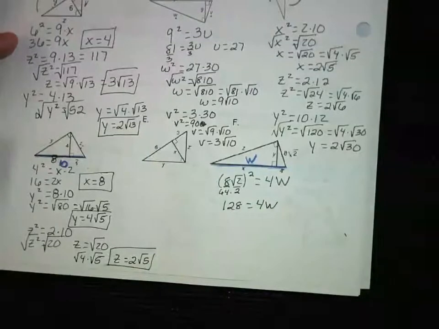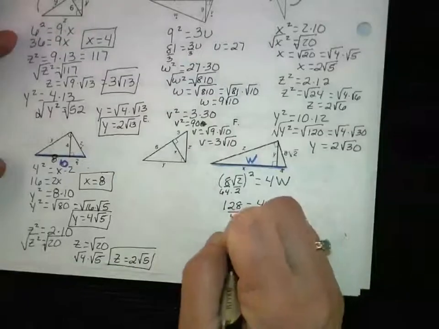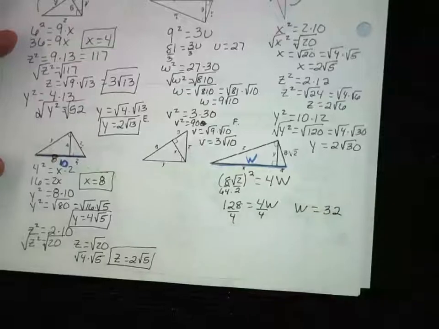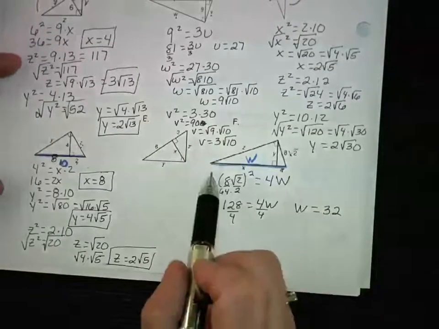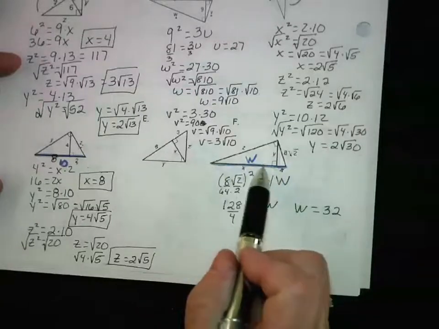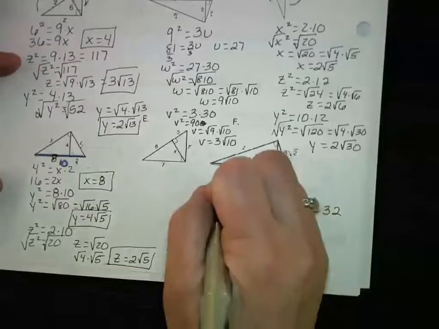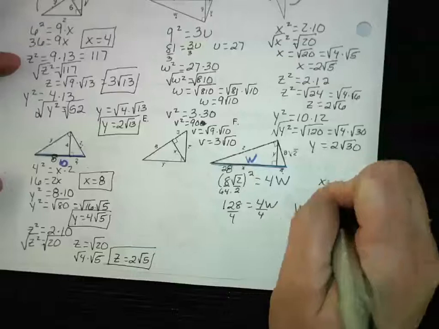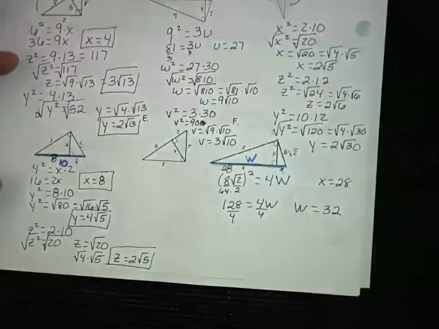And when you divide both sides by 4, our W equals 32. Now remember, W was this entire blue length here. So if this whole thing is 32, then when we subtract 4, our X actually is 28.